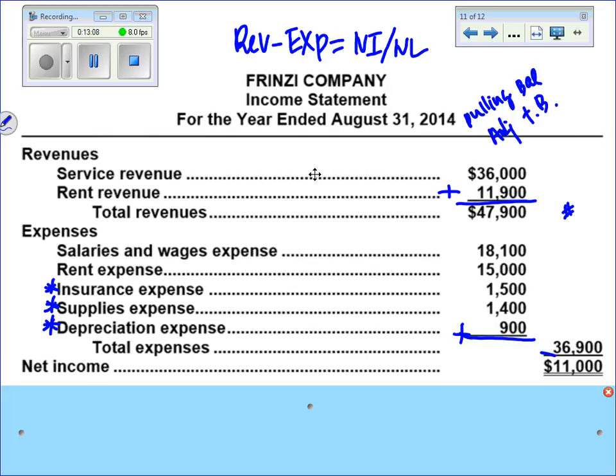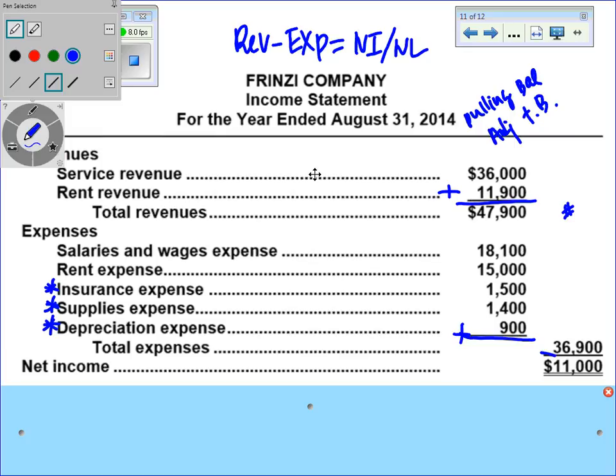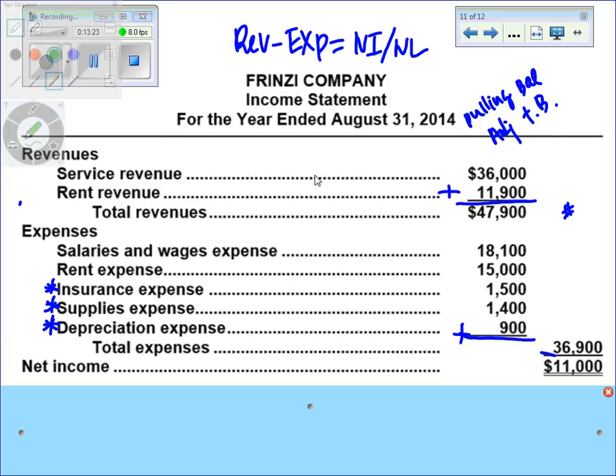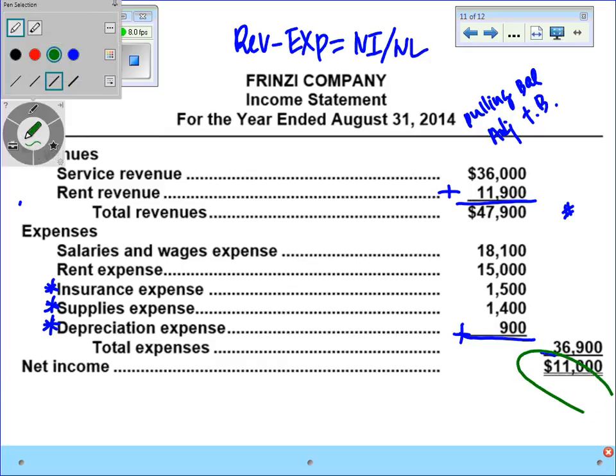If you have a highlighter, grab it. If not, just circle it, like it looks like I'm going to have to do. That 11,000 is going to be used somewhere else, isn't it? We're going to highlight that 11,000, and we're going to actually use that in another spot.